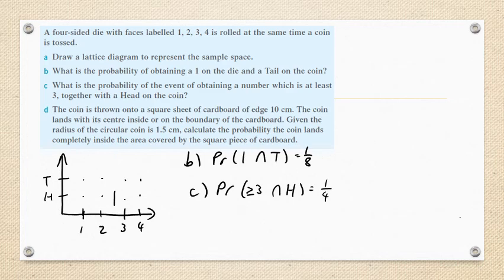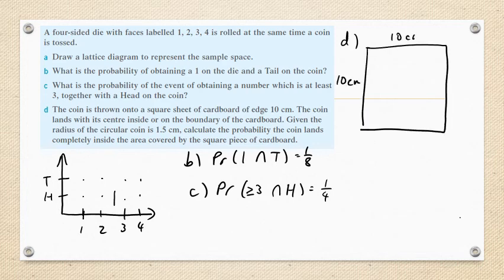So if we draw the scenario, I'll actually do this up the top. We have a 10 by 10 grid. However, for it to land completely in, we need to make space of 1.5 centimeters this way, 1.5 centimeters this way, and the same with the other sides, like that.